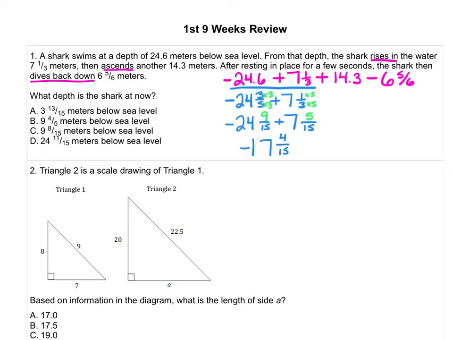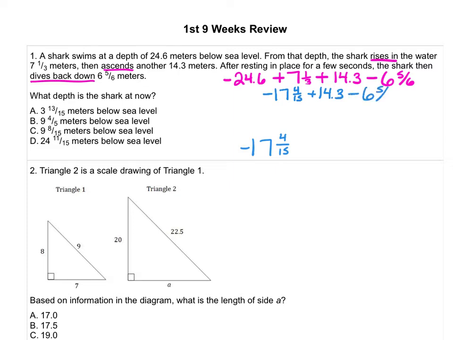Now I'm just going to write that up here because we don't have space to write everything. I'll write it here and say negative 17 and 4/15 plus 14.3 minus 6 5/6.